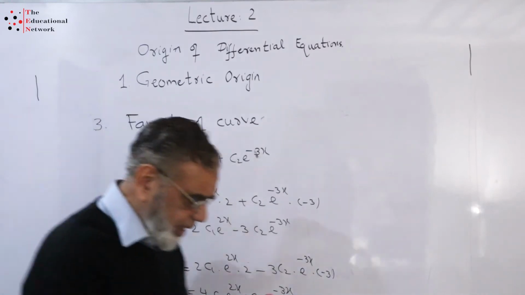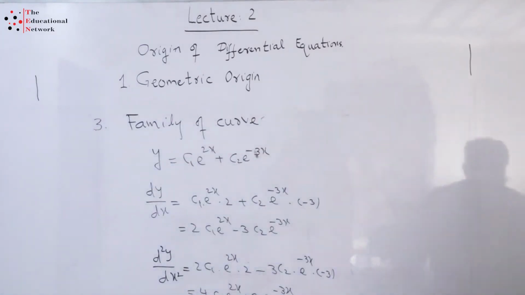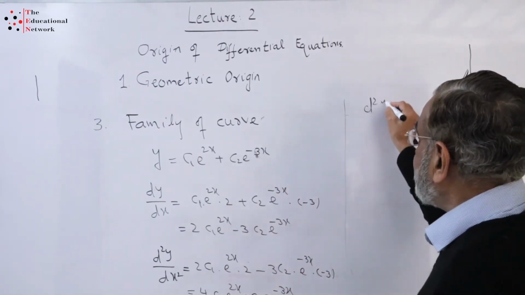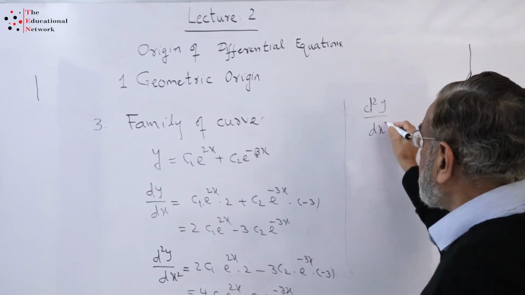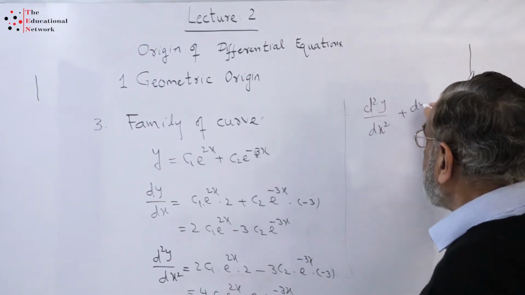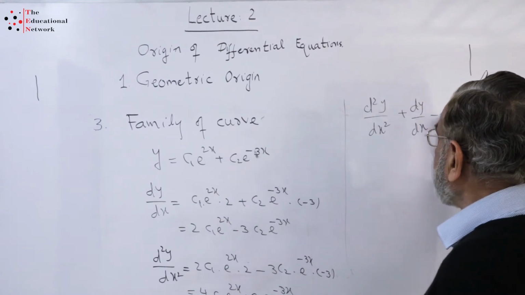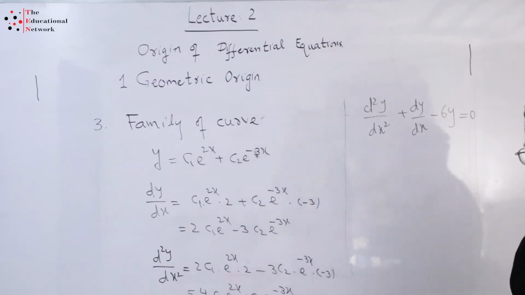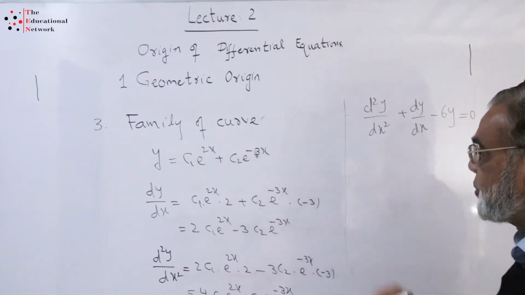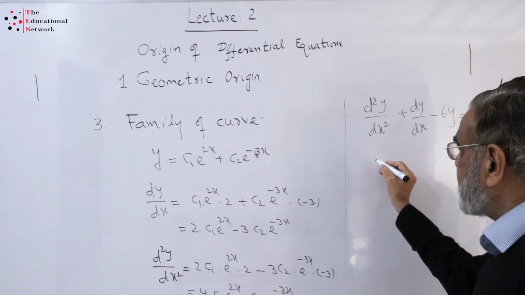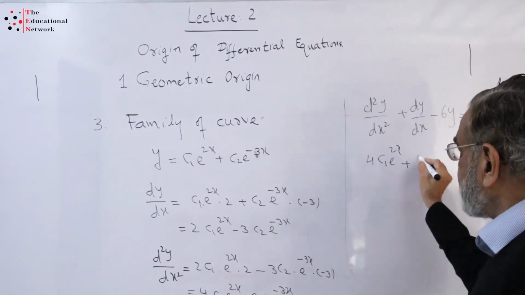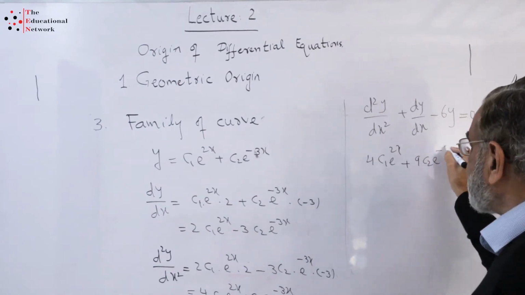and that can help me to write my differential equation. If I substitute these values in this equation, d2y by dx squared plus dy by dx minus 6y is equal to 0, then these are satisfied. We can check it here. Then we substitute the values. What is going to happen? d2y by dx squared is 4 c1 e to power 2x plus 9 c2 e to power minus 3x.